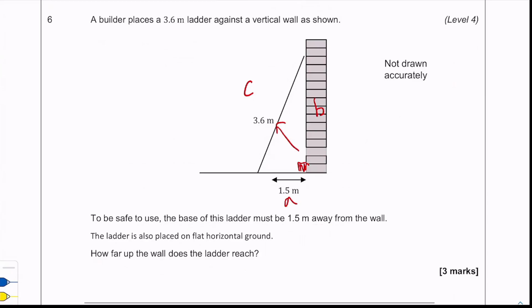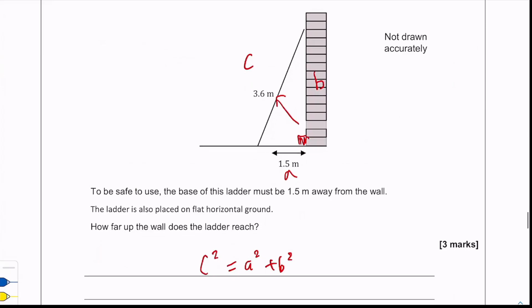The first thing is to write down our formula: C squared is equal to A squared plus B squared. We then need to rearrange for B, so B squared is equal to C squared take away A squared.